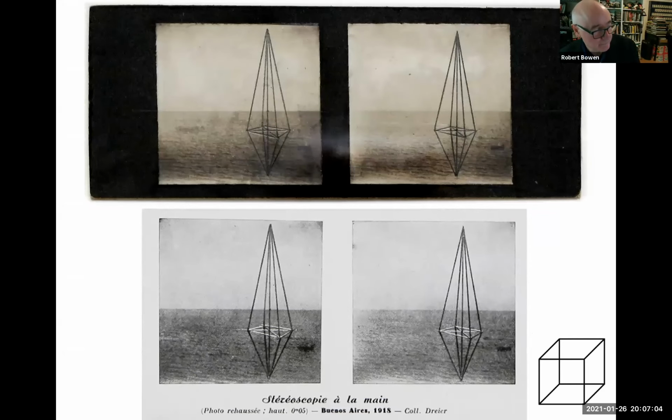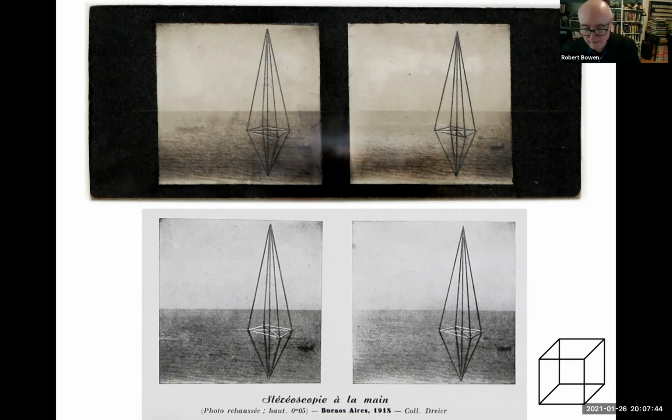This is Marcel Duchamp's Stereoscopy à la main, which is also known as the handmade stereopticon slide and has some other names too. There were two versions of it, which you see. There's the original on the top, and then there's the one from the Box in a Valise, which was the limited edition salesman's valise of all of Duchamp's most important artworks. He included this work in that.